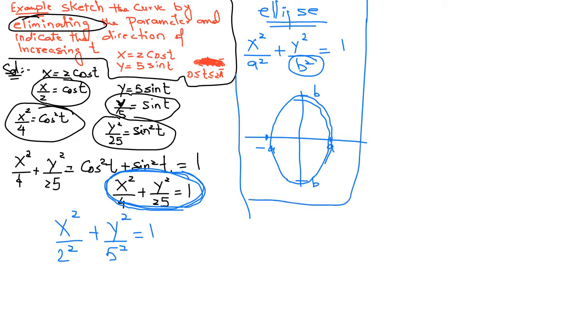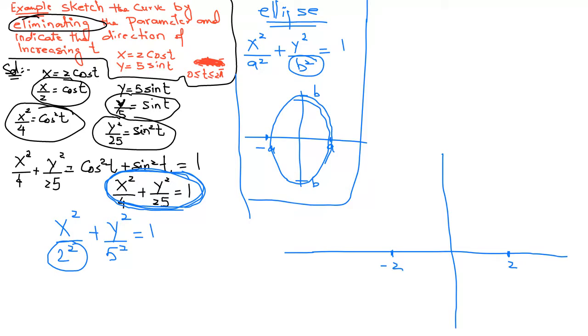This is the explanation. Now we will draw the graph. We need 2 on this side and minus 2 on this side. This is 5 square. We need 5 on this side and minus 5 on this side. So we sketch the graph, and this will be the ellipse.